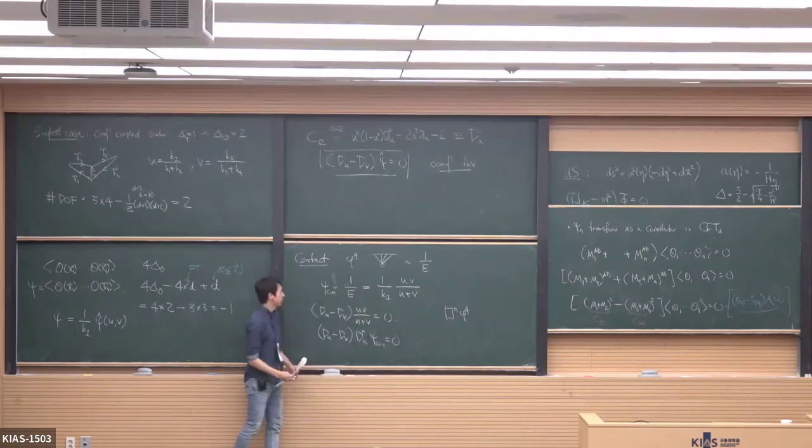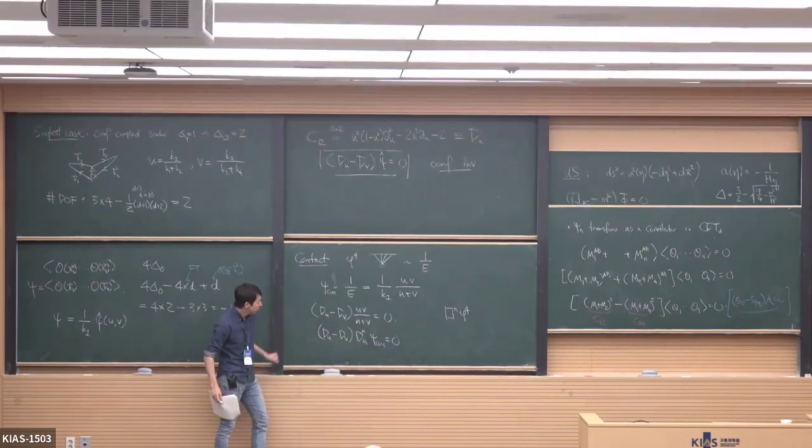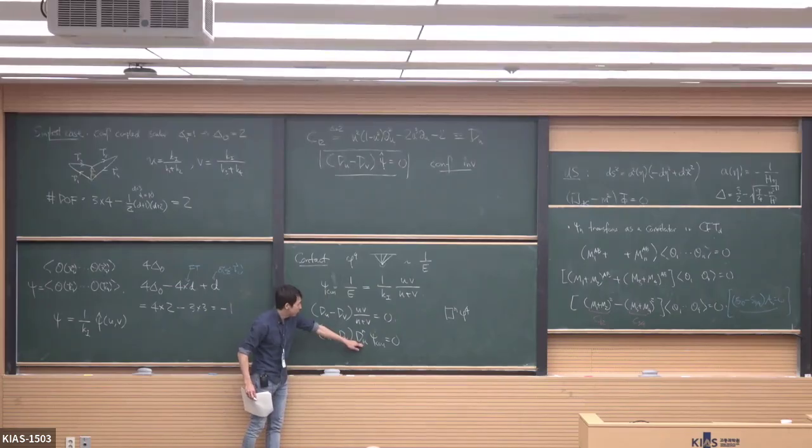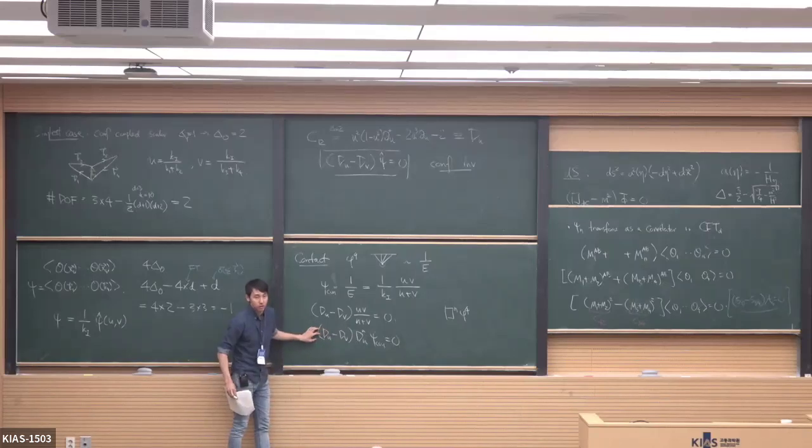You can easily see that this is again a solution to the conformal invariance equation, because if you act with this D_u n times, then the D_u operator obviously commutes with D_v, because the u and v variables are independent, and of course D_u commutes with itself.